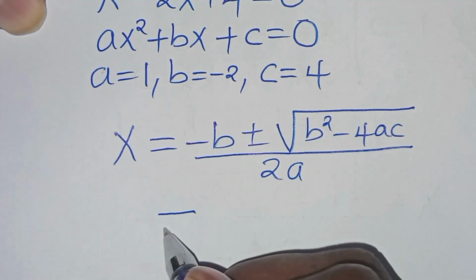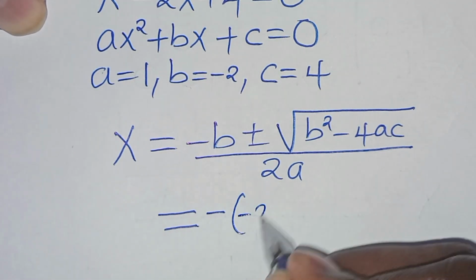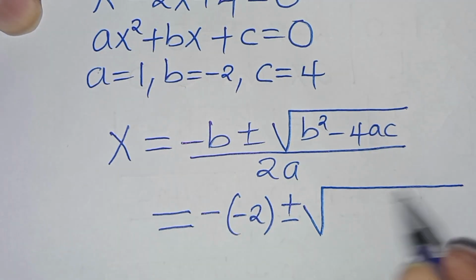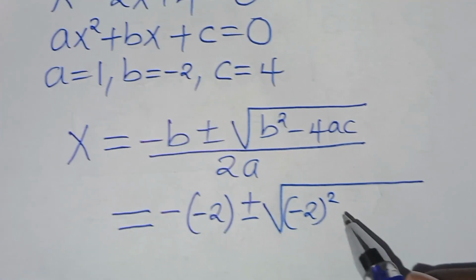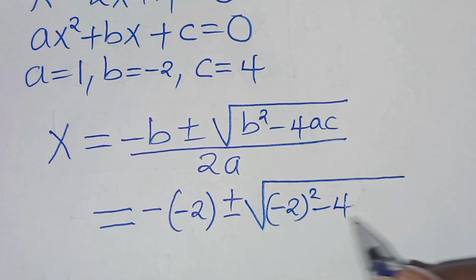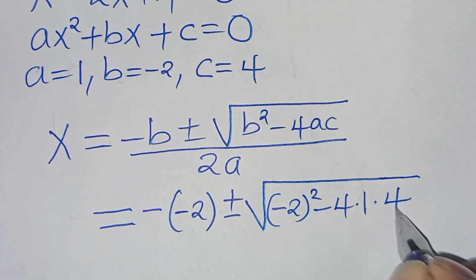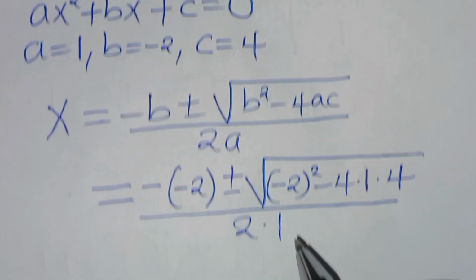Substituting the values of a, b, and c, we have minus minus 2 plus or minus the square root of (minus 2) squared minus 4 times 1 times 4, everything divided by 2 times 1.